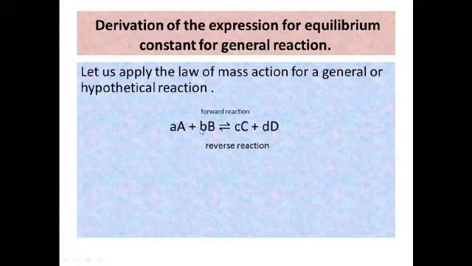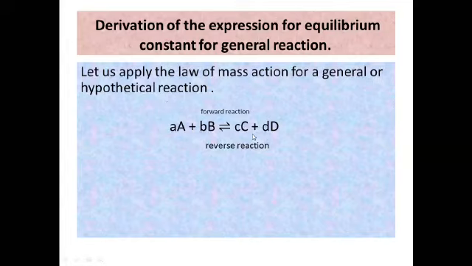Small a, small b, small c, small d are their numbers of moles. It means how many moles appear in the reaction. This is a general reaction because we are not taking nitrogen gas or hydrogen gas to give ammonia. We just say that suppose any reactant A reacts with another reactant B and forms product C and product D. This is called a general, imaginary or hypothetical reaction.